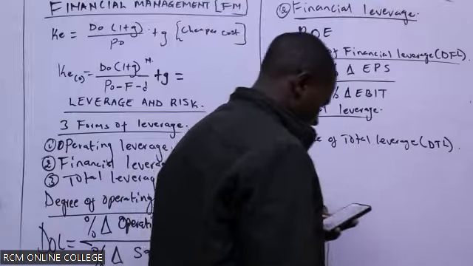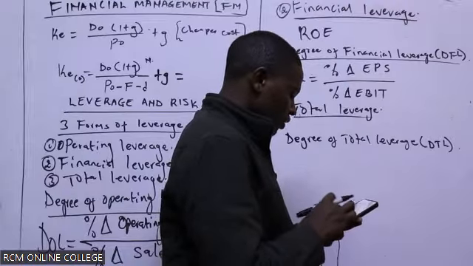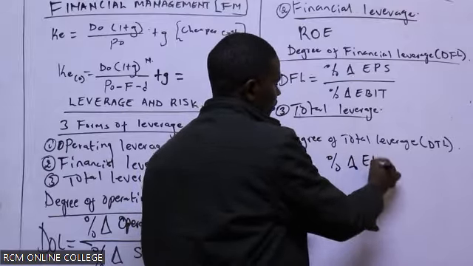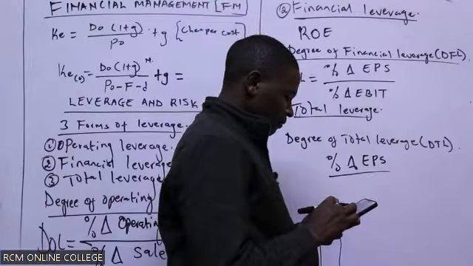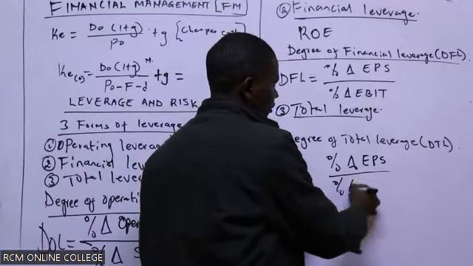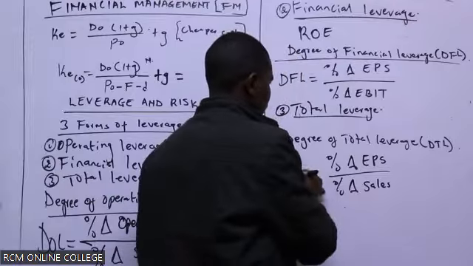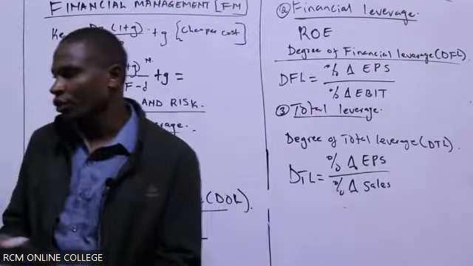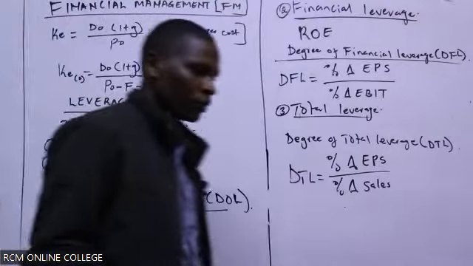Total leverage is calculated as a percentage change in EPS over percentage change in sales.